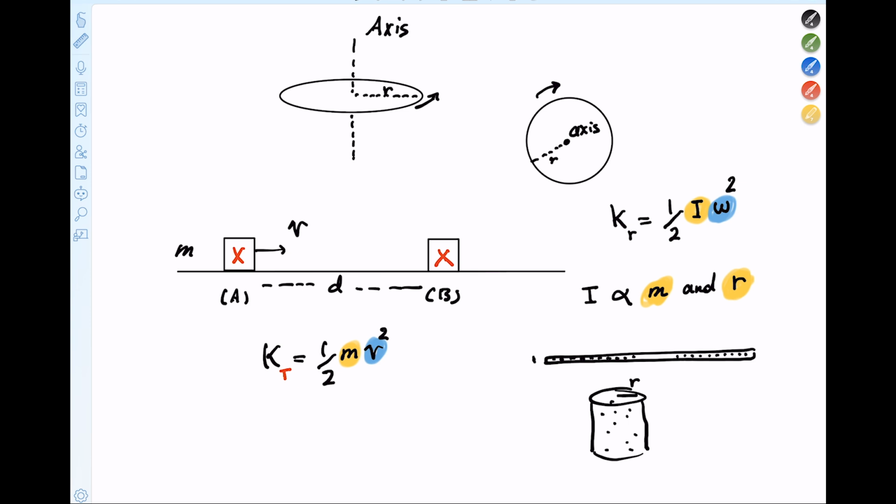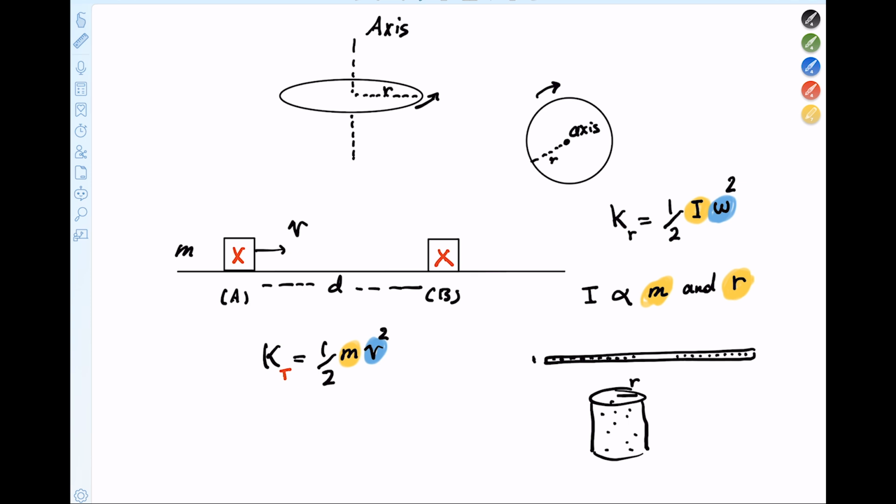So moment of inertia I depends on the distribution of the materials, the r, and also the mass of the object. And you don't have to memorize it. It's usually given, usually half m r squared, 2/5 m r squared, something like that. It depends on the shape.